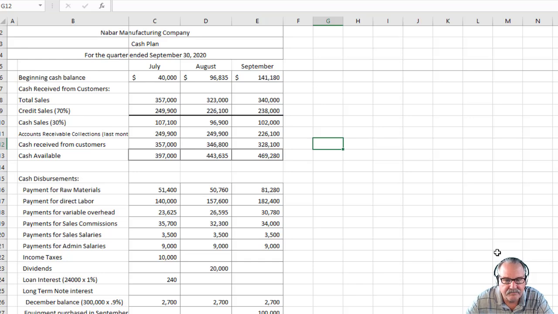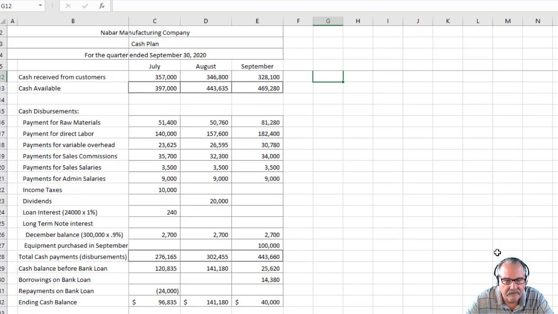Then we have our disbursements for the month of August. For raw materials, labor, variable overhead, sales commissions, sales salaries, administrative salaries, and dividends. They told us they're going to pay some dividends in the month of August. That's $20,000. So our total cash payments is $302,455.